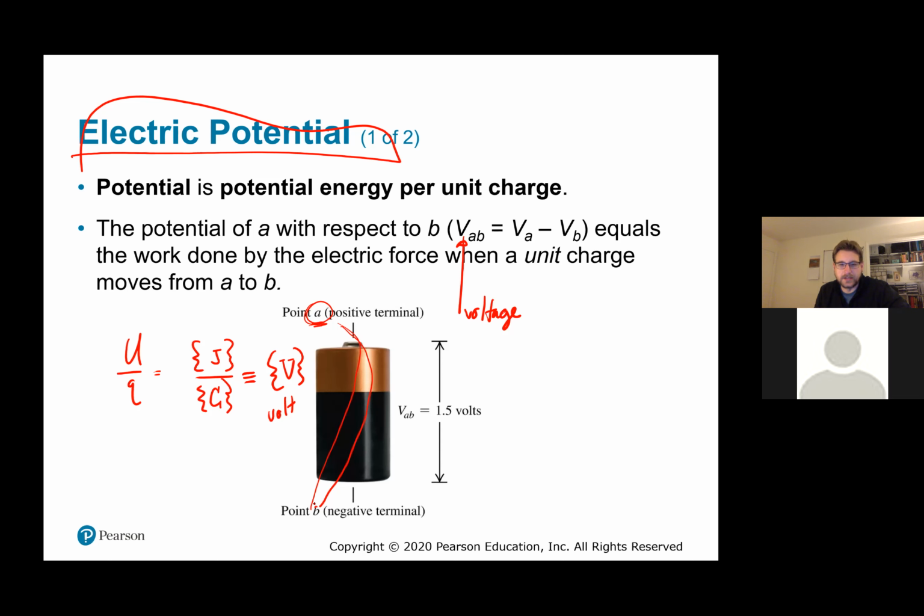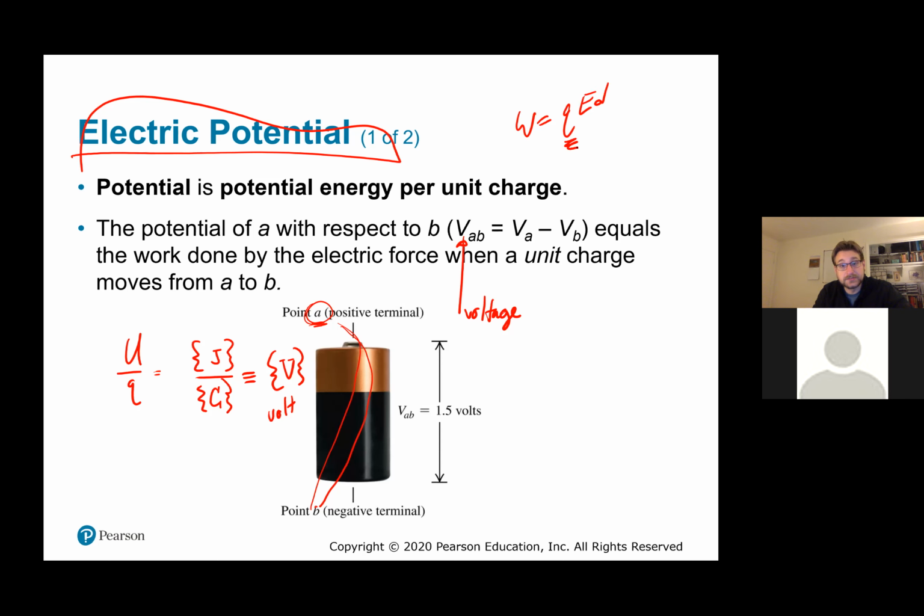The work done when a unit charge moves from A to B. The work done per unit charge. A little bit ago, we said work had the general form QED.